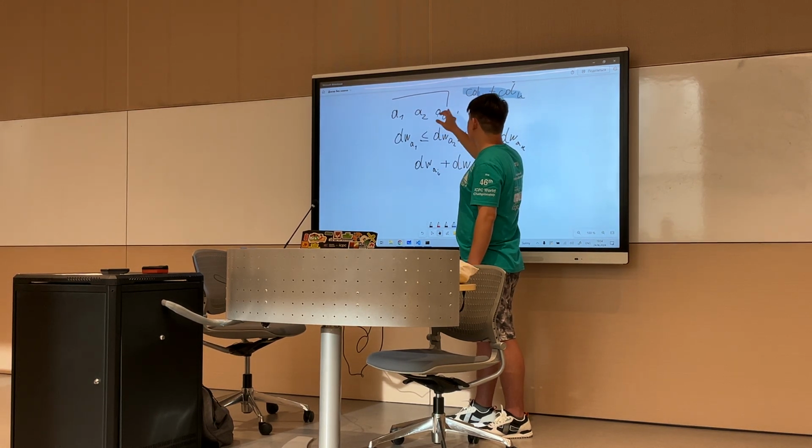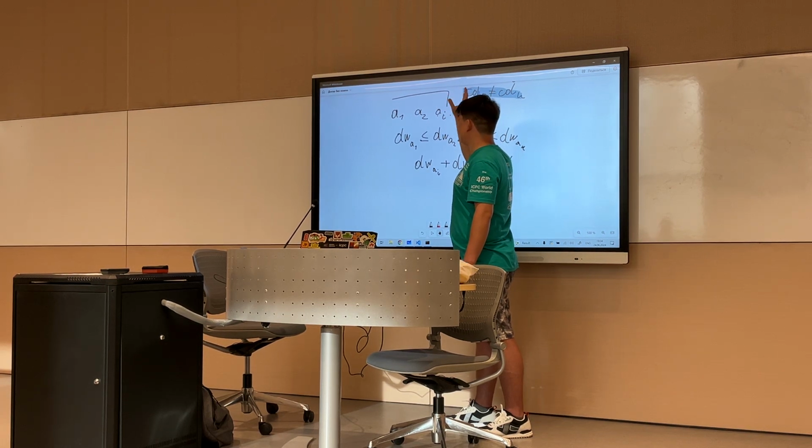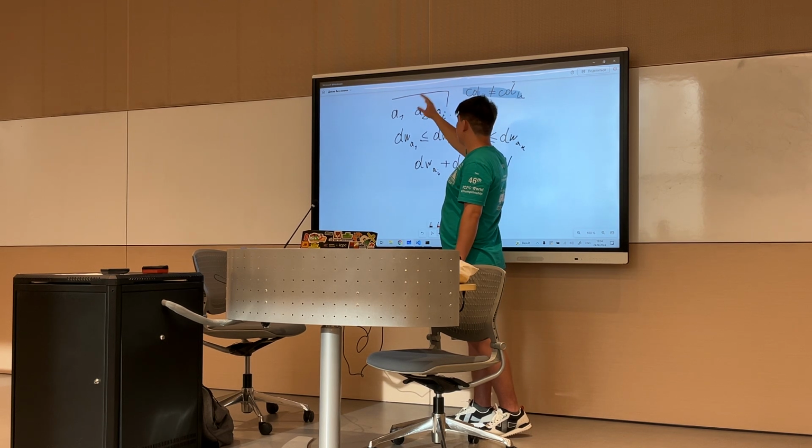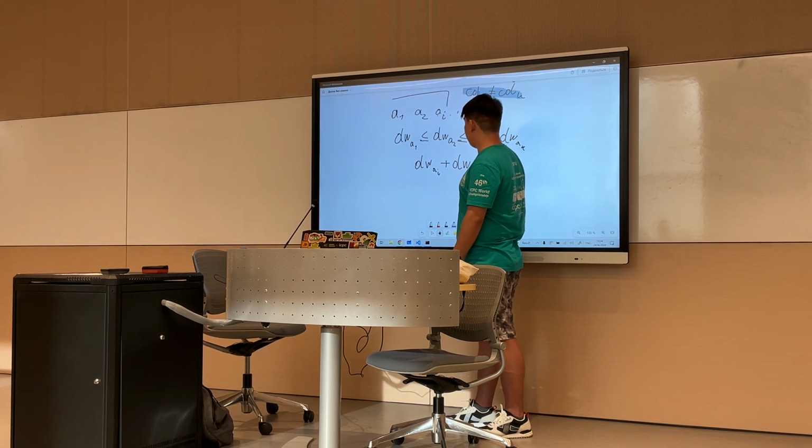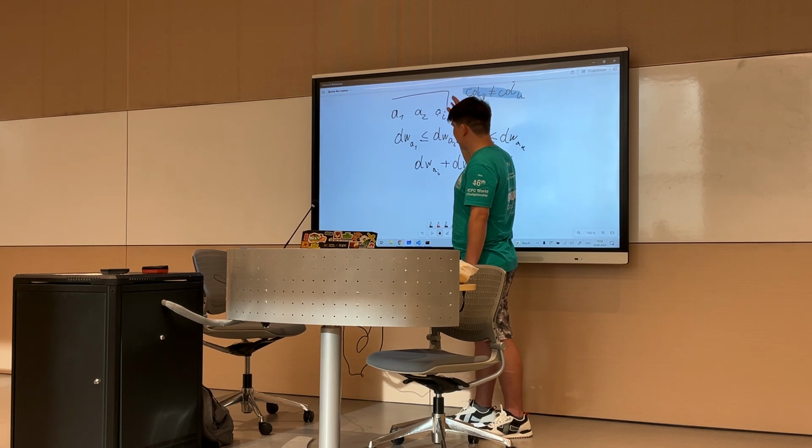When we go to the next vertex, some vertices in that prefix will go out from that prefix. That means our prefix will go to the right or will go to the left.